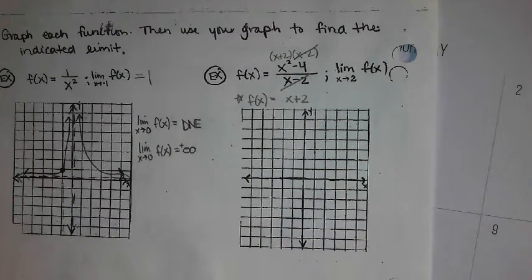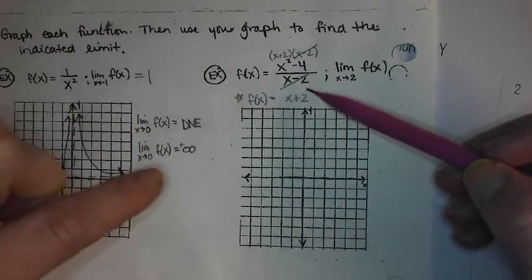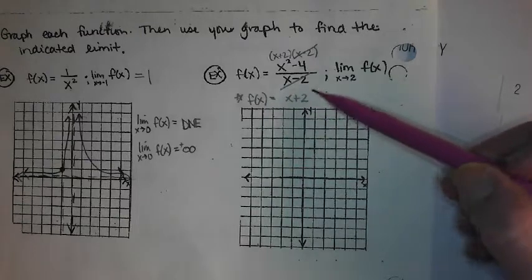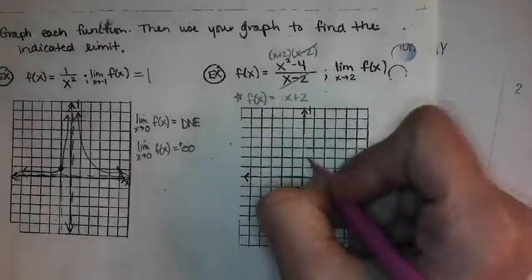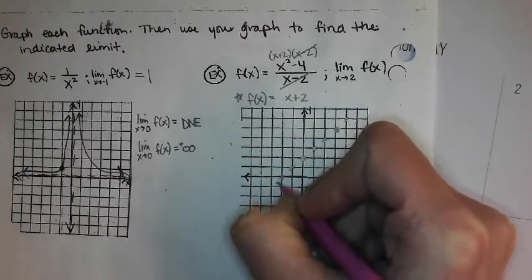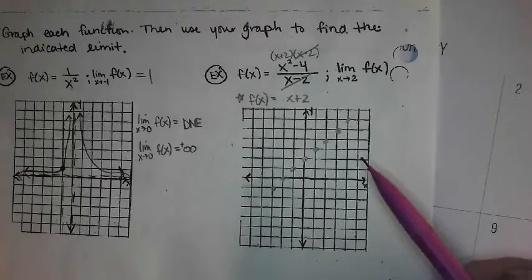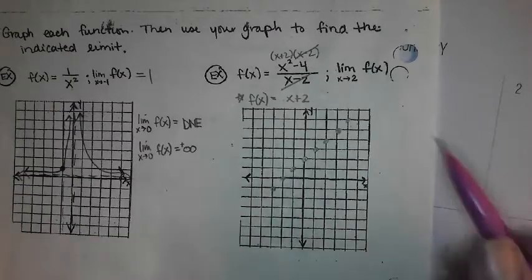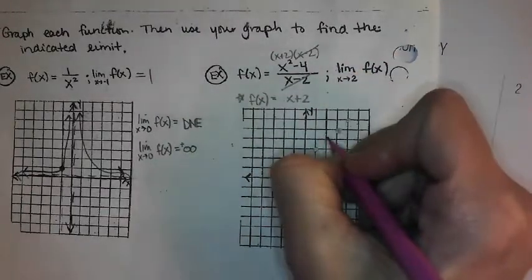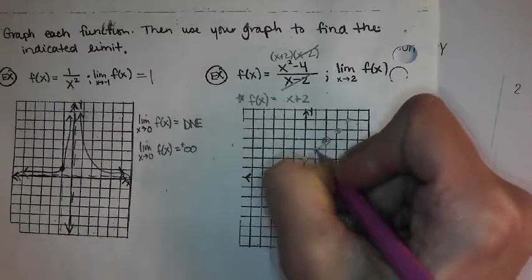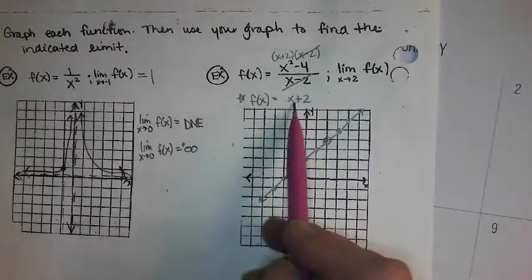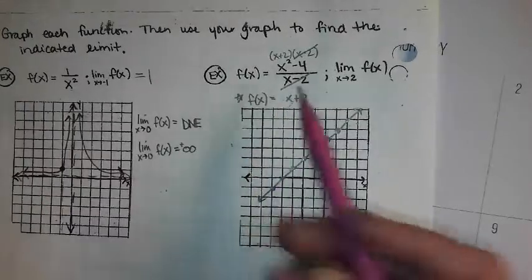But those two different functions are essentially going to look virtually identical, and they're going to look pretty much like this line x plus 2. So y-intercept at 2 with a slope of 1, with the exception of what? A hole at 2, which we can see the location is right here at 2, 4. You can see that that's the location of the hole, or you can plug into your simplified version, you would get 2, 4.